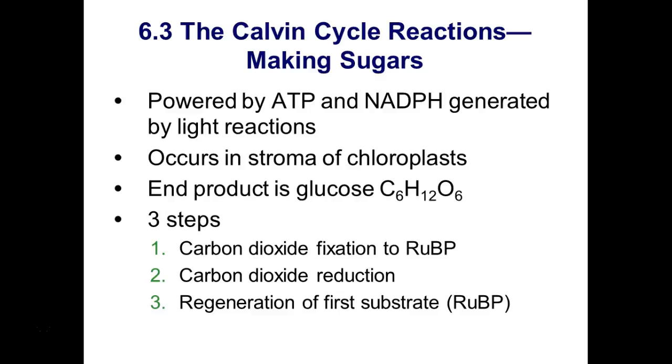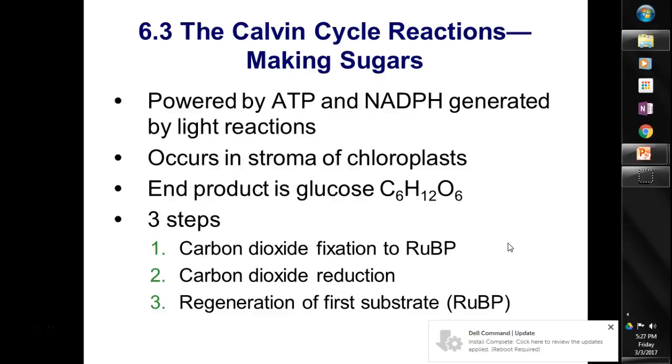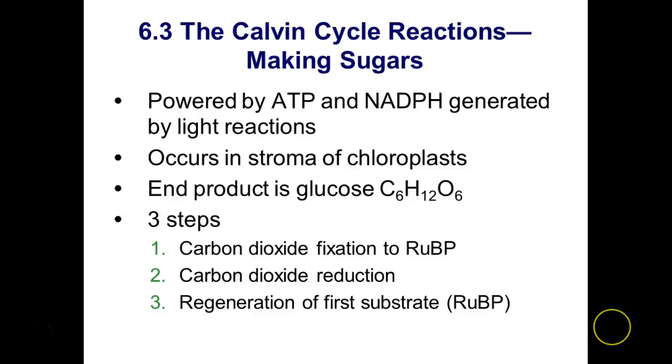We sometimes just call it RuBP. The second step is the reduction of carbon dioxide. Remember that reduction is gain. So carbon dioxide gains hydrogens. And then the third step is the regeneration of that first substrate. So RuBP has to be regenerated. So this is a cycle, hence the name, the Calvin cycle.